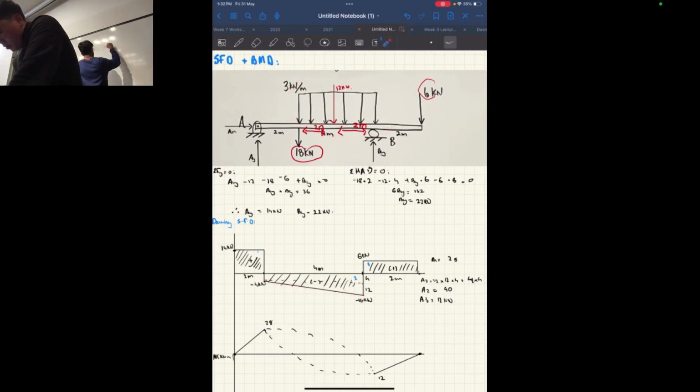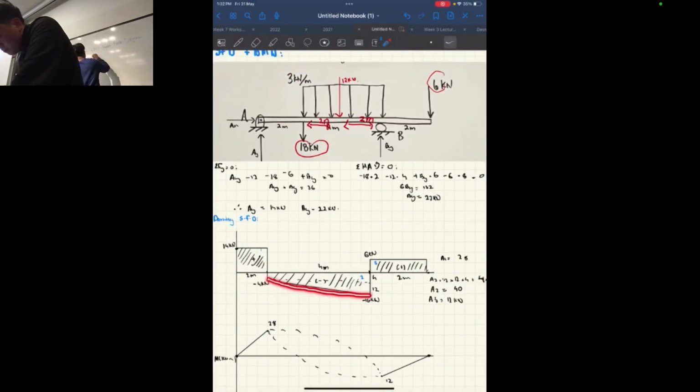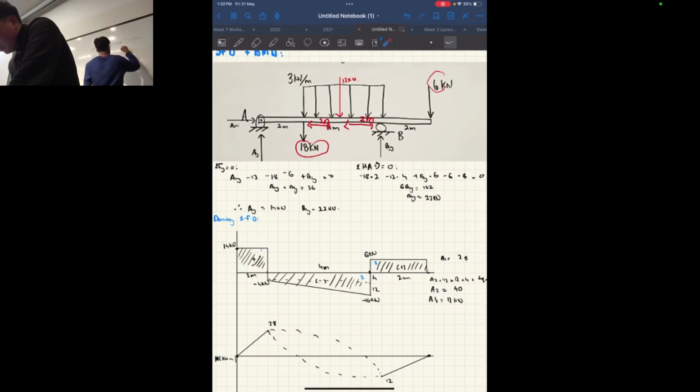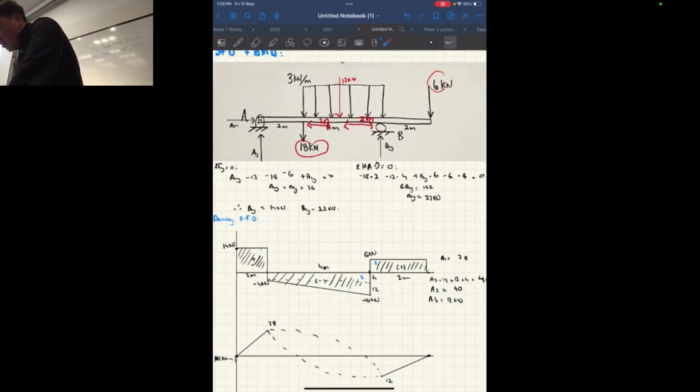The value of that is 12 kilonewtons, so you move down to negative 16 kilonewtons, triangulated. Then you've got the force of By acting up of 22 kilonewtons, so 6 kilonewtons up here. You move across there, and you've got 6 kilonewtons down there, and you return to the horizontal axis. So you return to the original point, so the thing's right.